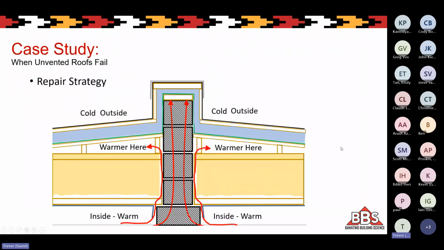And how did we fix it? We fixed it by turning this into sort of a hybrid approach where we added rigid exterior insulation to the outside. First added a new air barrier in green, then added a rigid insulation that continued up and over the parapet, and then a new roof on top of that.